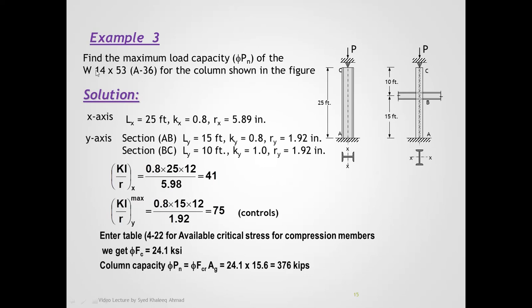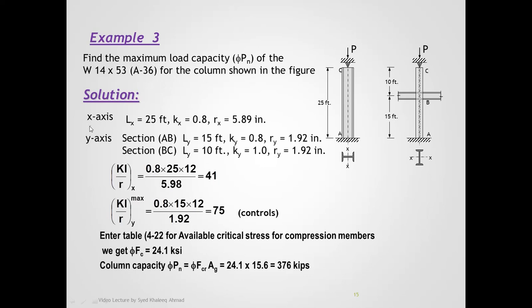Now we have to look for the maximum load capacity of this column. Here one end is fixed and the other one is pinned. The section given here is W14x53 and the steel grade is A36.